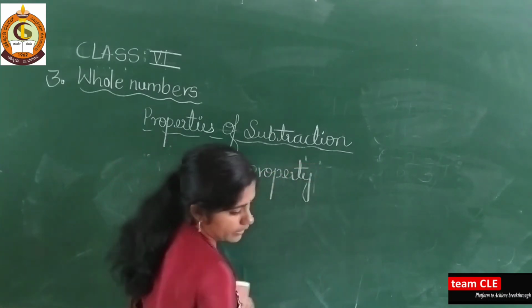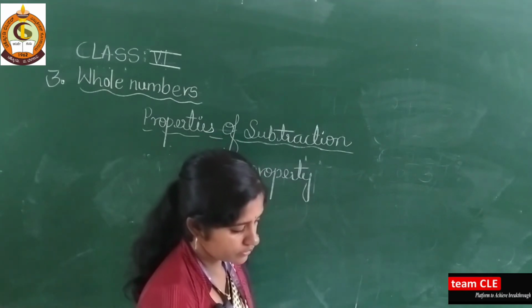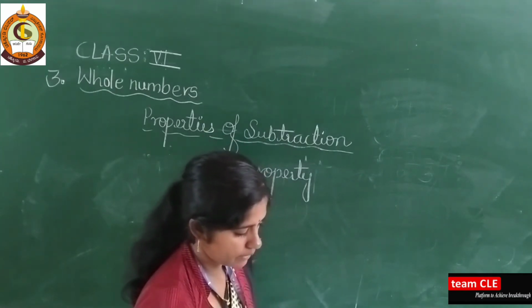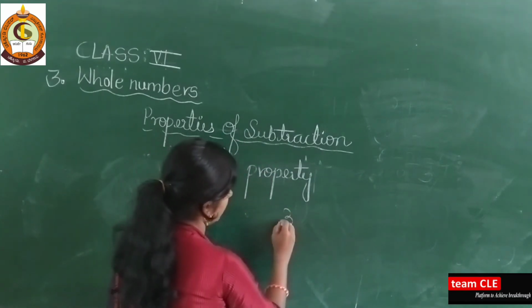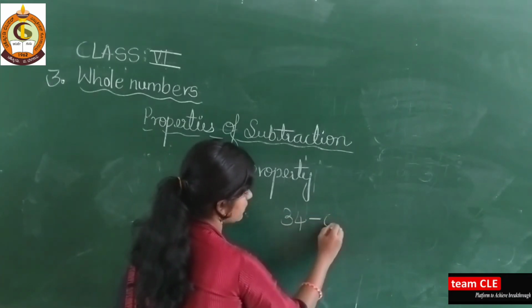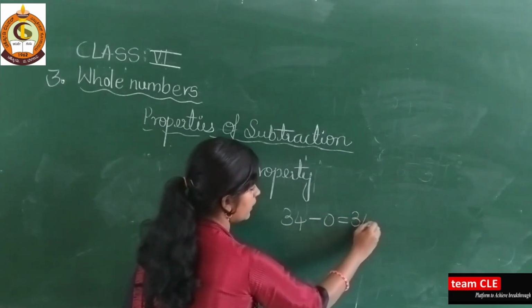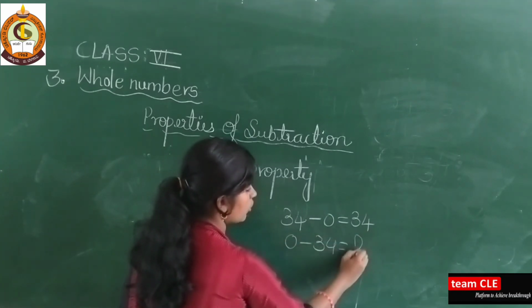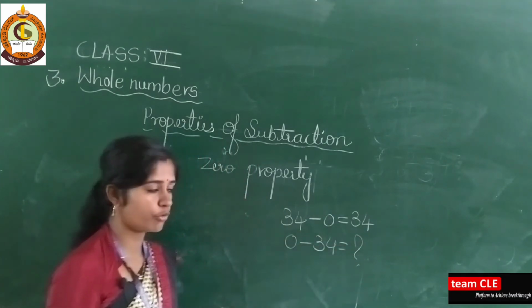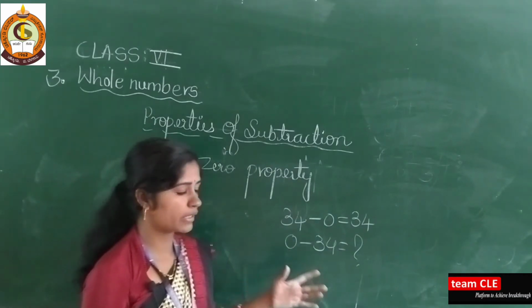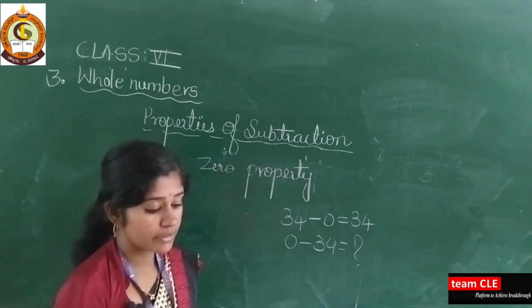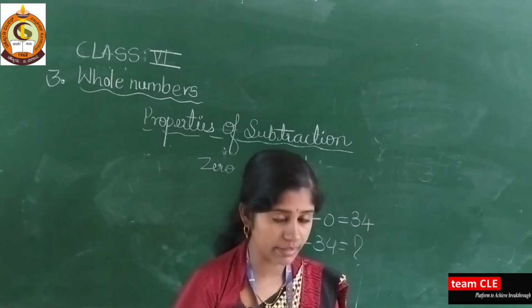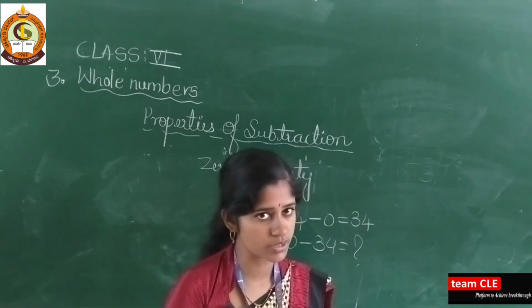Okay, see here, I will take one example. See here, 34 minus 0 is 34, but 0 minus 34 is what? 0 minus 34 is not possible. So here we will get the answers in negative. That we will learn while learning the integers lessons.